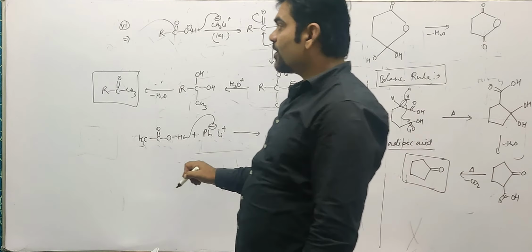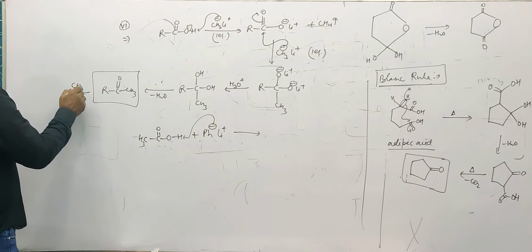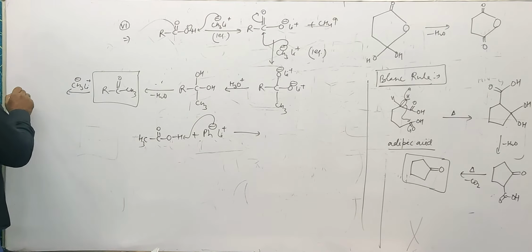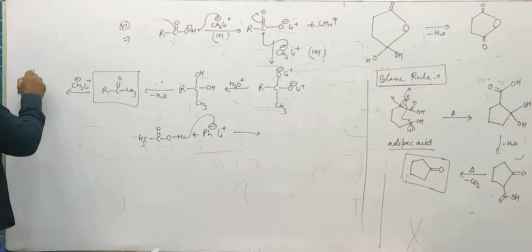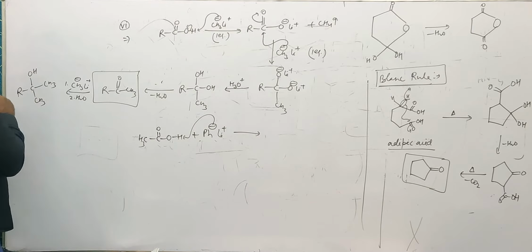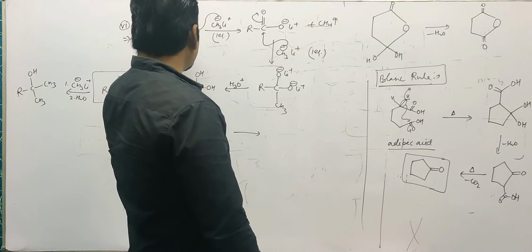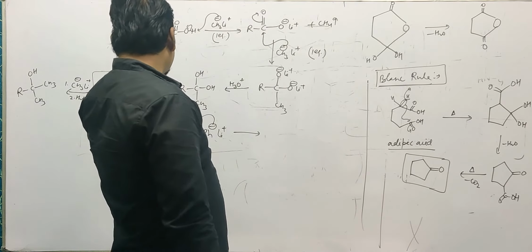Further, by using 3 equivalents of CH3Li, it gets converted to the corresponding alcohol. But by using 2 equivalents, in this case, the product is a ketone.